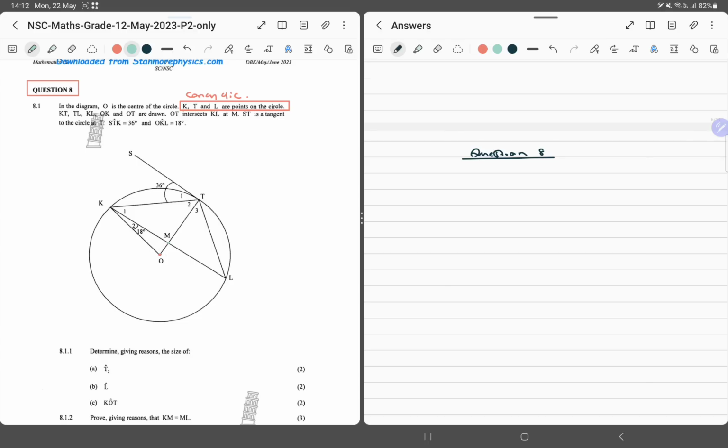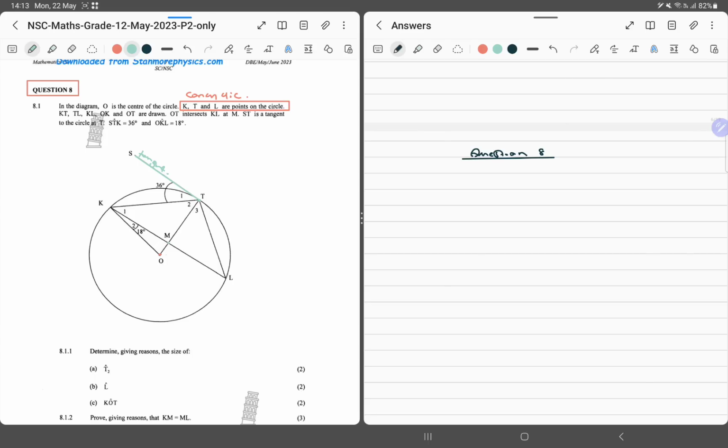Now we need to know that this is a tangent. You may mark it, you may not, it's up to you.